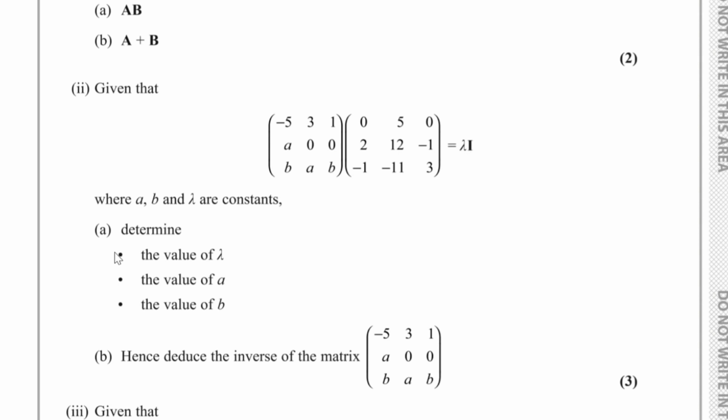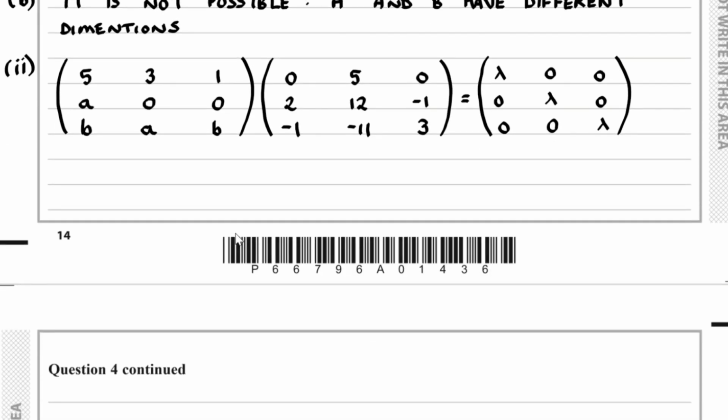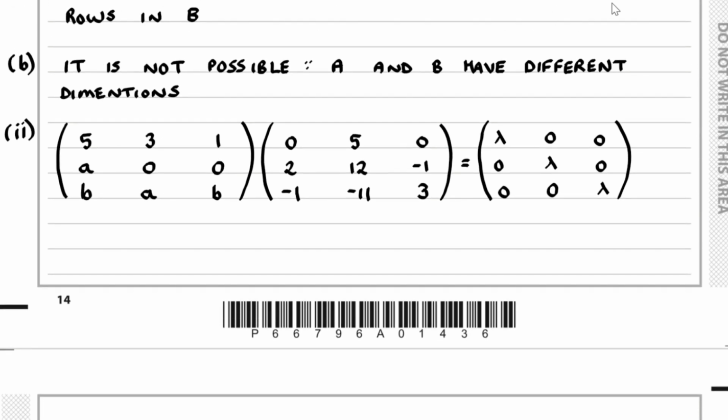A, B, and lambda are constants, and we have to determine the value of lambda, A, and B. So we've got these matrices over here, and multiplying these together we get lambda lots of the identity, which is this matrix here.